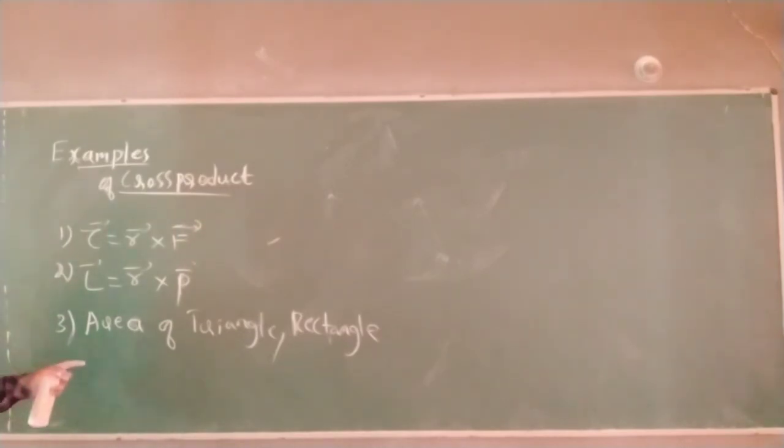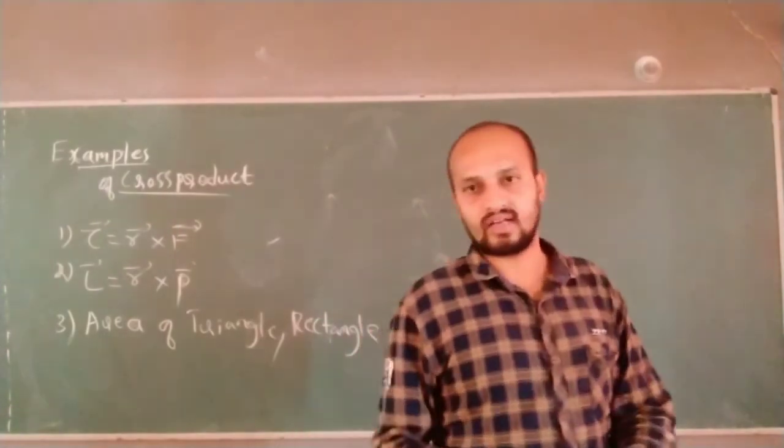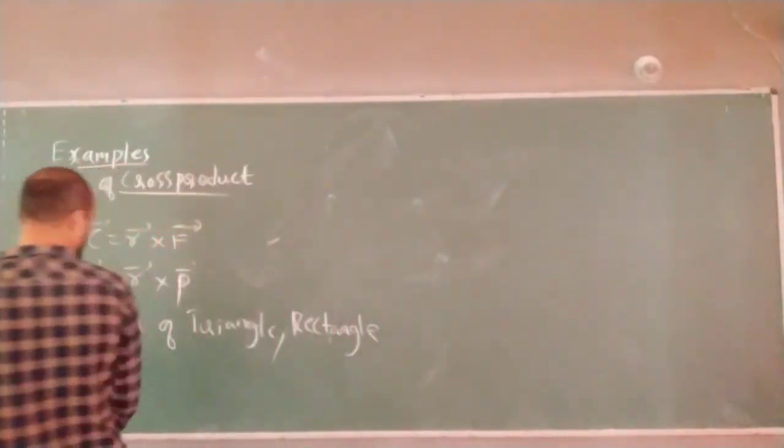But we have not learned area of triangle and rectangle in vector form, so I couldn't tell that. In your material, some diagram is given, you will get an idea.